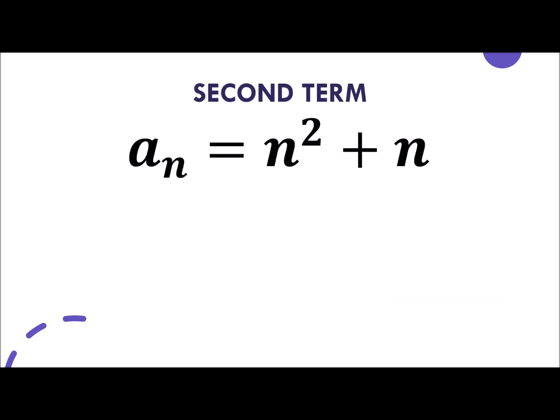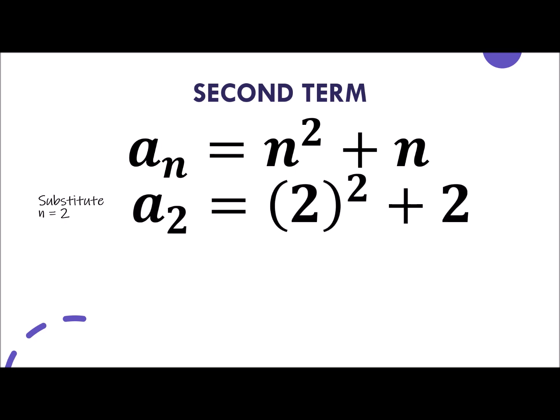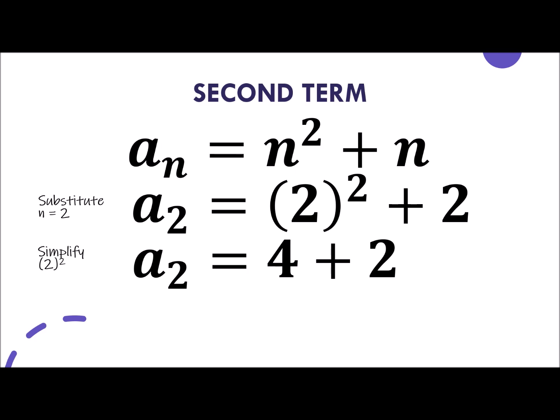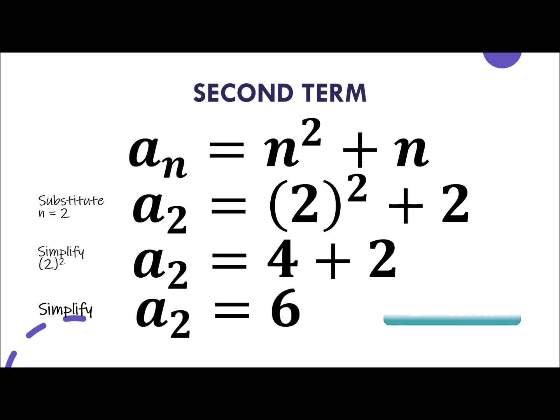We will have a sub n is equal to n squared plus n as our fixed pattern. So right now, we will substitute n is equal to 2. So we will have a sub 2 is equal to 2 squared plus 2. Then simplifying 2 squared, we will have 4 plus 2. Then 4 plus 2, that is 6. That is our second term.